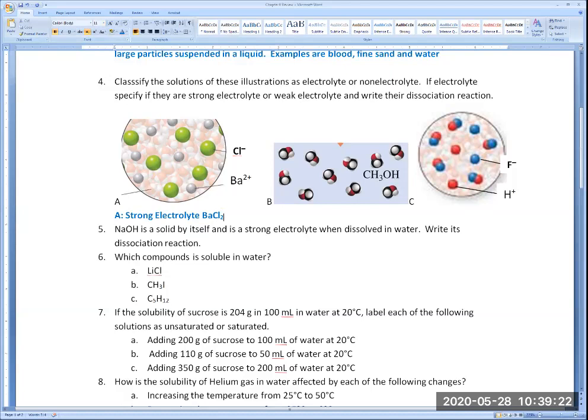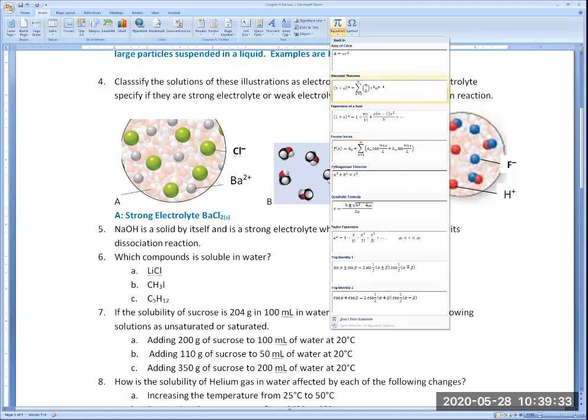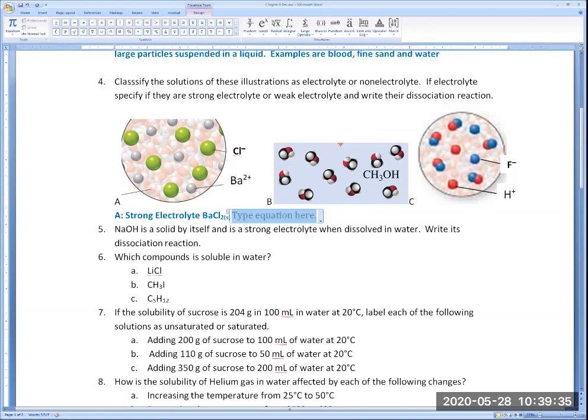It's a solid. And so when placed in water, let me do it with this.